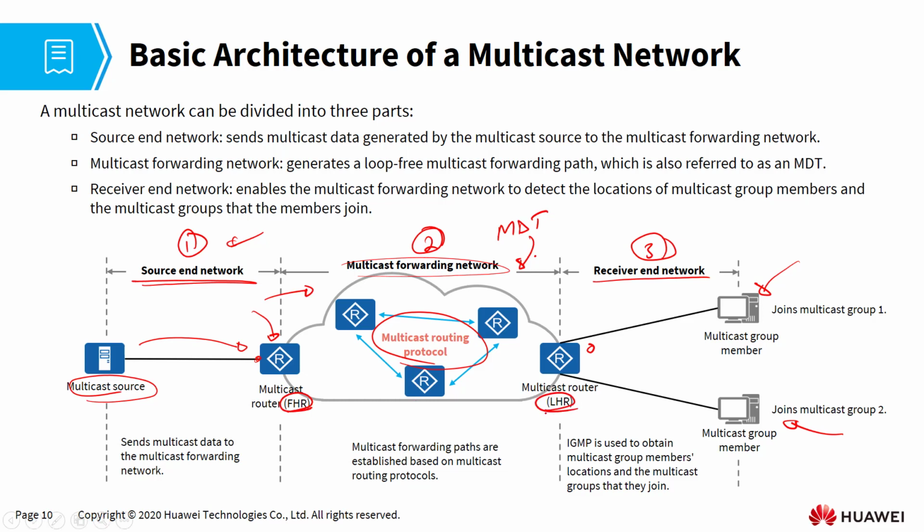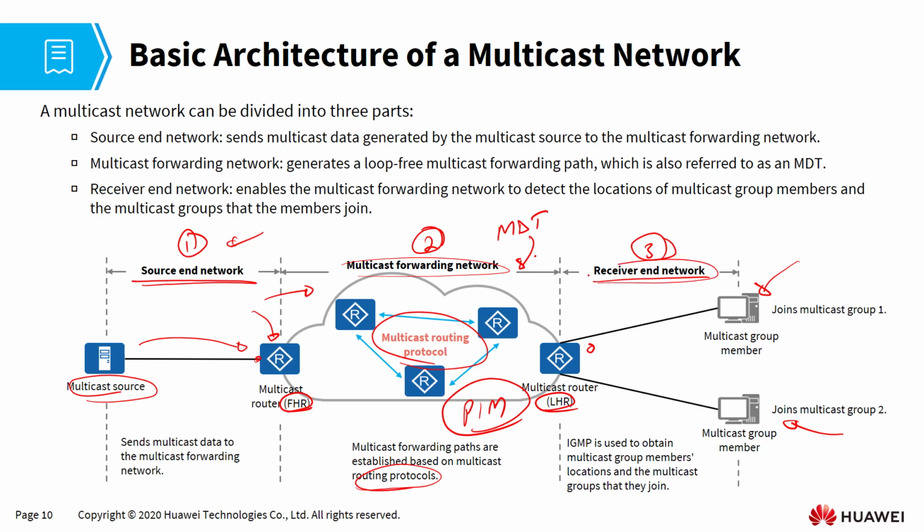In between these sections, in the multicast forwarding network, we have a number of protocols that run here, but for this purpose I'll mention PIM. We shall have an entire chapter on PIM-SM and PIM-DM. The multicast forwarding paths are established based on multicast routing protocols.